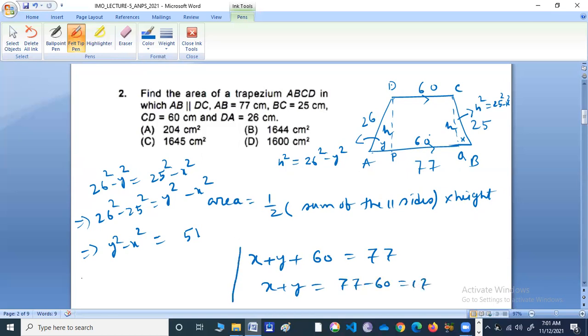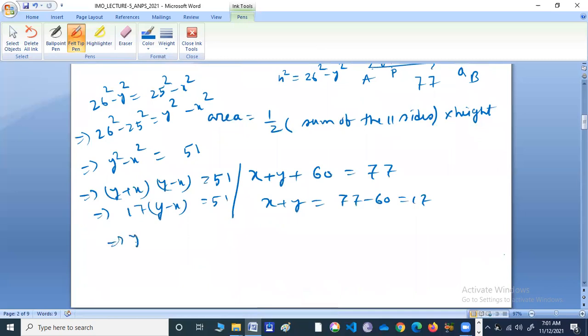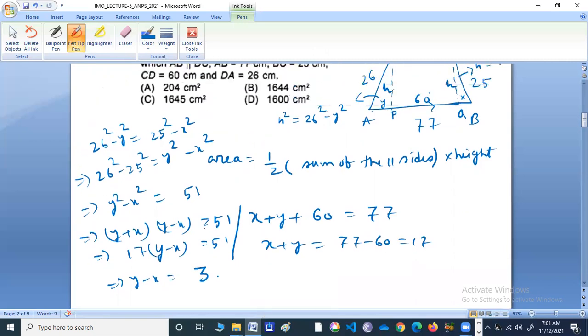And here y square minus x square means y plus x whole into y minus x is equal to 51. So if I put the value of x plus y as 17, that brings y minus x equal to 3.